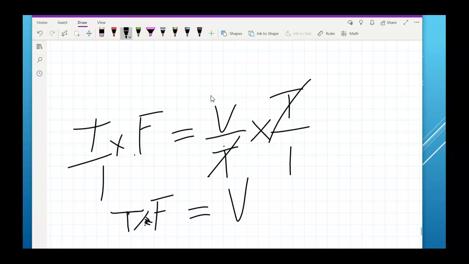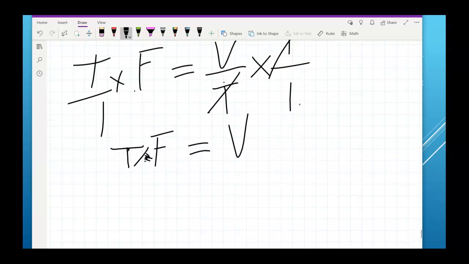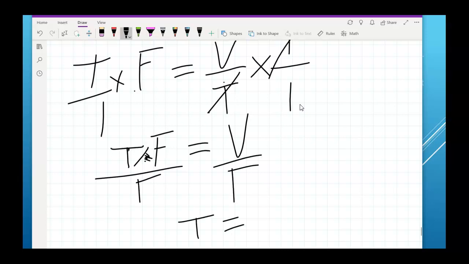So all I have to memorize is one formula. If I memorize flow rate equals volume over time, I can cancel time to get the formula for volume. And then if I divide both sides by F, I get the formula for time.